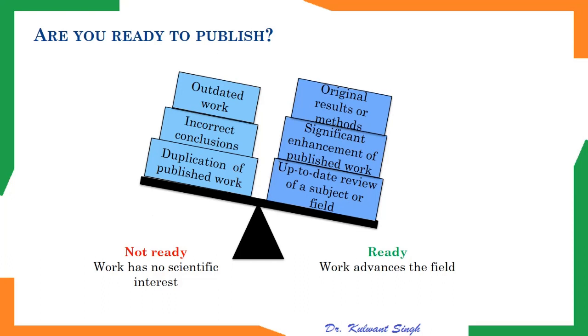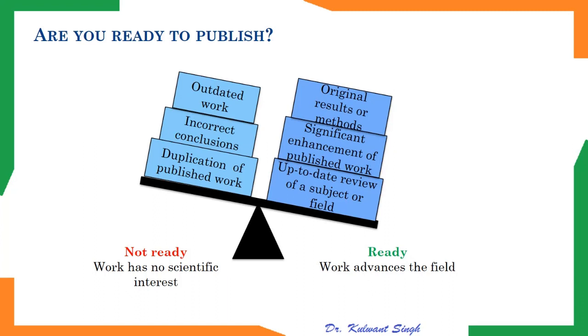A significant enhancement of the published work, meaning your research is adding new knowledge to the existing work. And an up-to-date review of the particular topic you have completed. Then you can say, yes, our work is advanced in our field and we have sufficient information to write the paper.